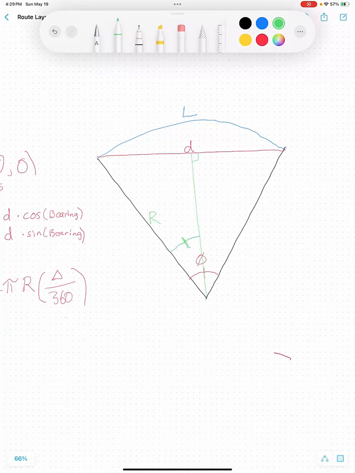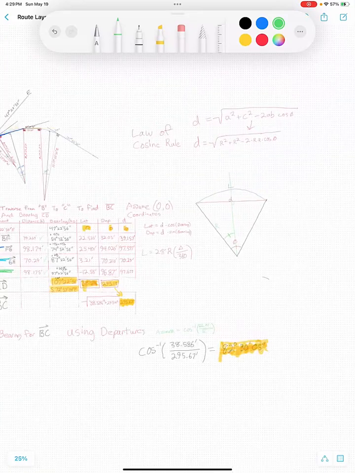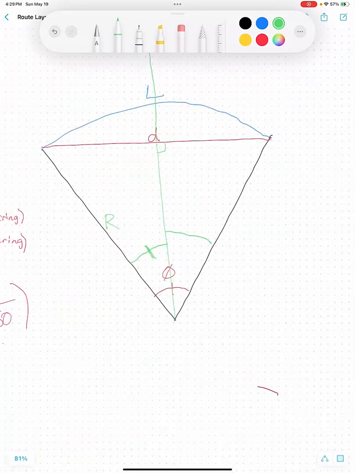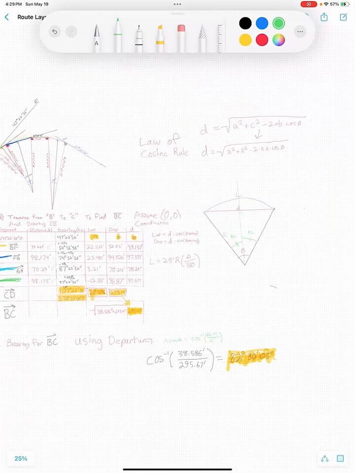That angle relative to that perpendicular distance is actually only half of that theta angle. Right? Those are the same. If that was theta, that would be theta over 2, and that would be theta over 2, or basically half the angle.